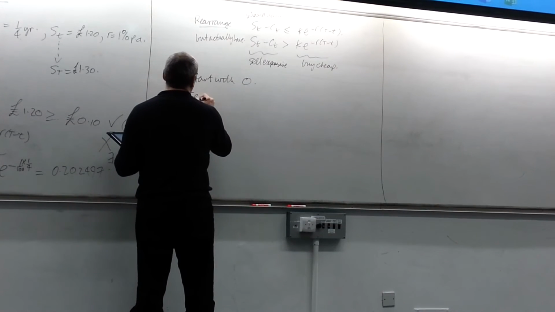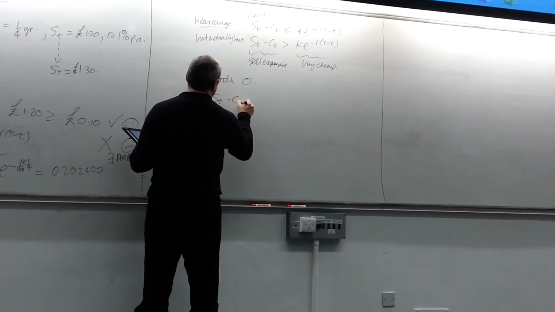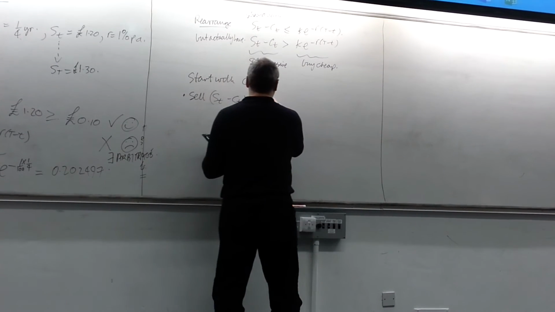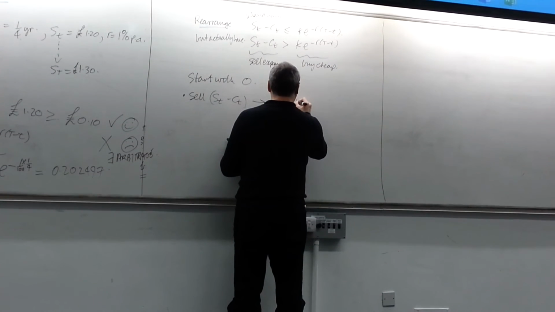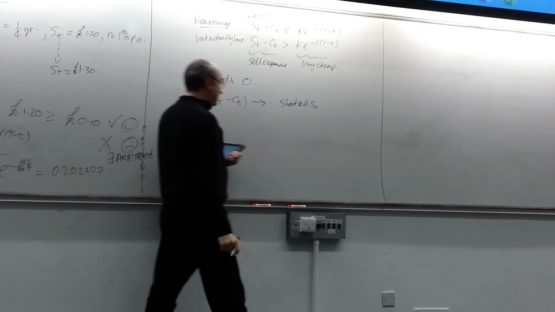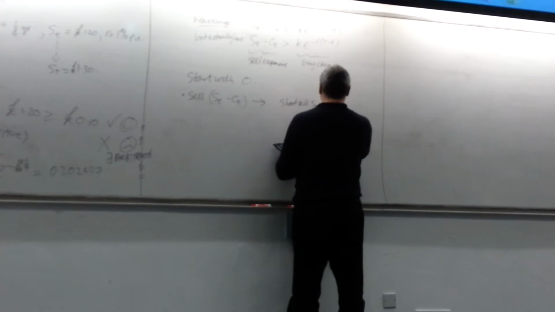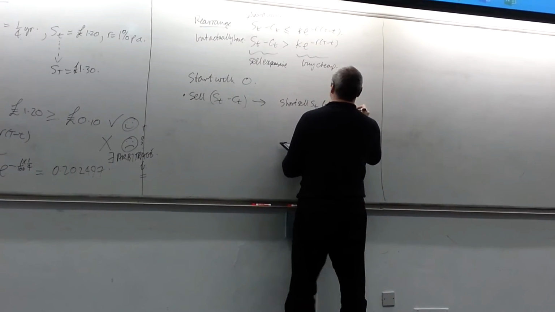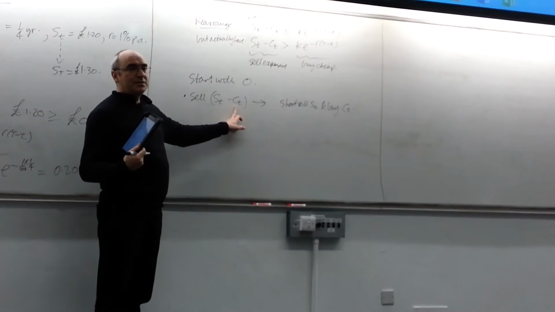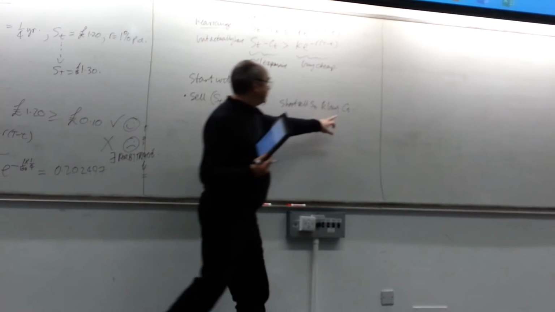I'm going to sell ST minus CT. That means I'm going to short sell ST because I'm starting with nothing, and I'm going to buy CT because if I sell minus CT it's the same as buying CT.